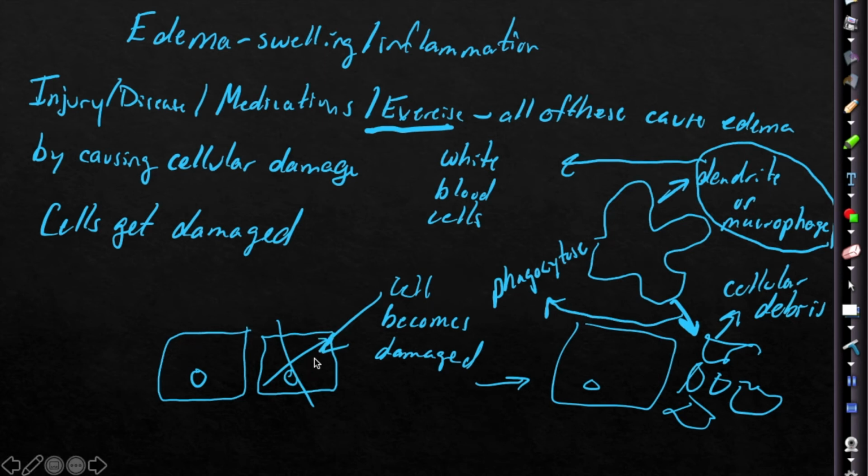So when there's cellular damage done, you will also have the cleaning out, phagocytosis, of these damaged cells, and that will release cellular debris as well. That causes upregulation of the phagocyte to release cytokines, and these also recruit other white blood cells that will release more cytokines and recruit complement as well, which will then also upregulate inflammation.